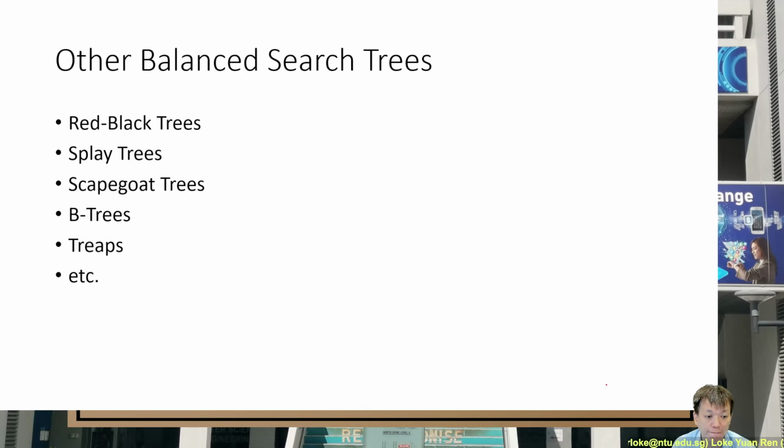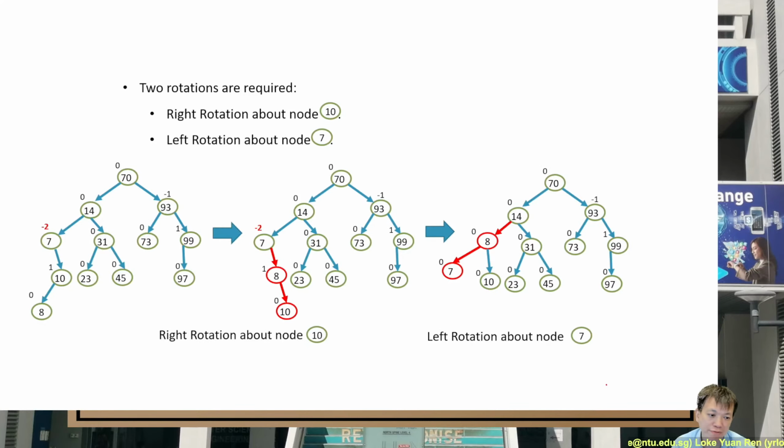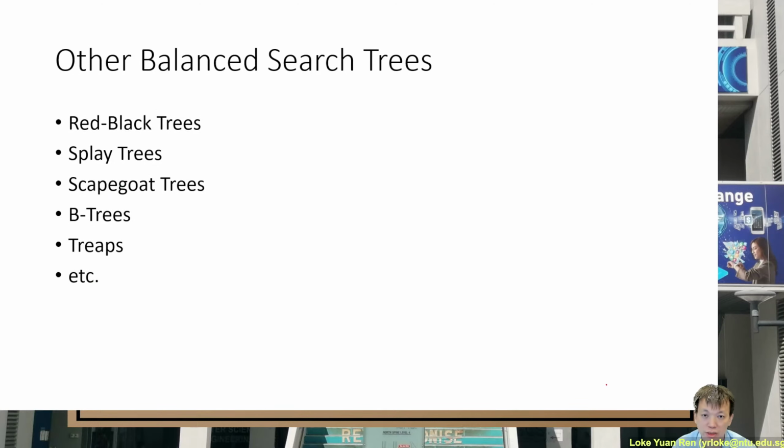Yeah, in fact, there are a lot of other self-balancing binary search trees, not only this one. Again, I cover this AVL tree not to ask you to memorize the algorithm.